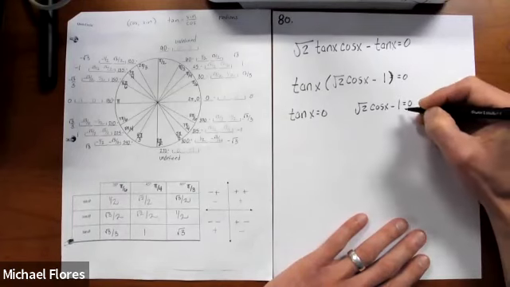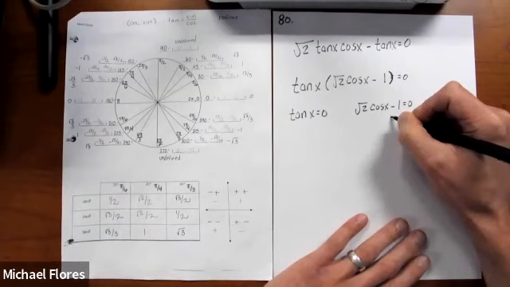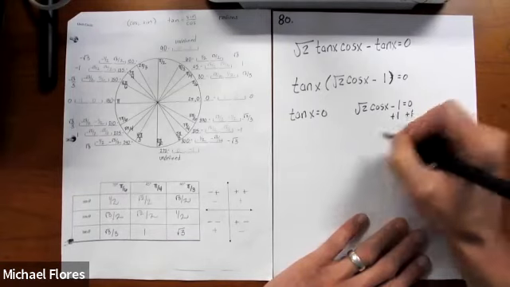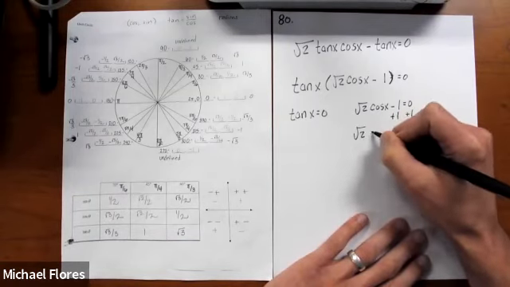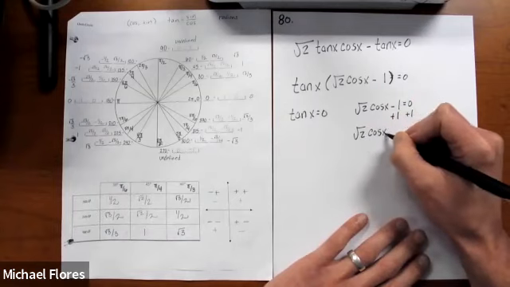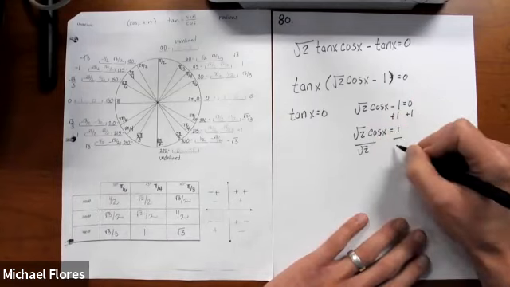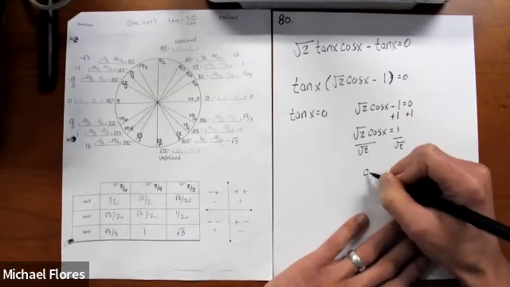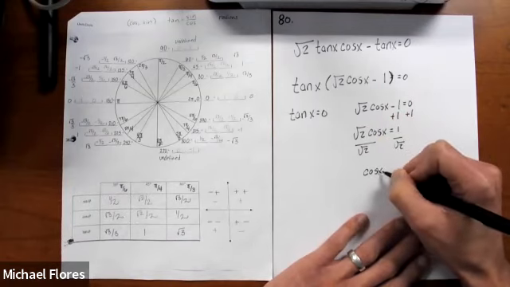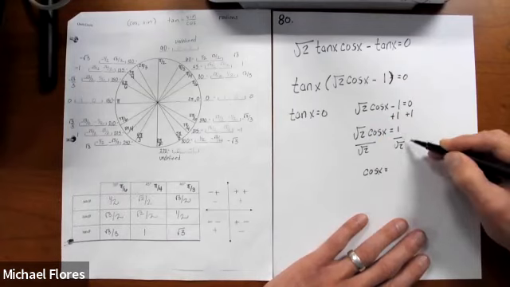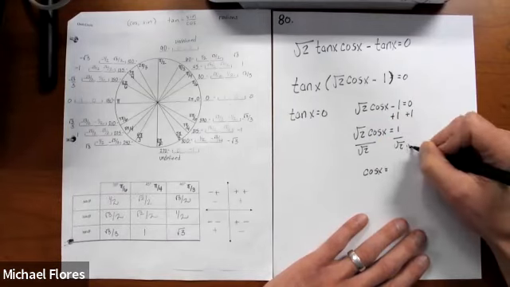You're going to need to add 1 and then divide by root 2. And remember, we have to now rationalize: the denominator cannot have a square root on the bottom of the fraction.